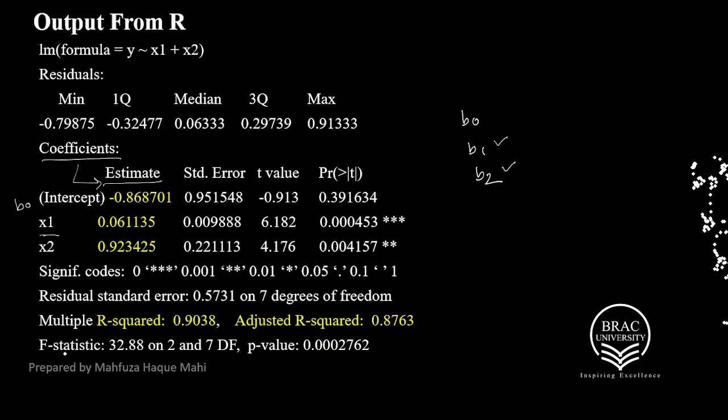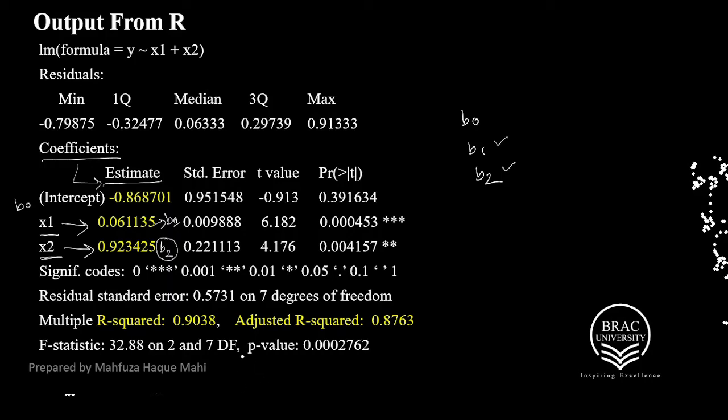For the variable x1, the estimate is 0.061135, which is the value of B1. And for the variable x2, the estimate is 0.923425, which is the value of B2.